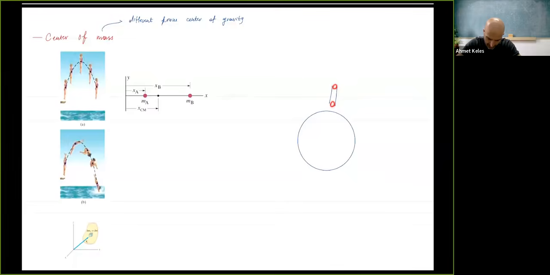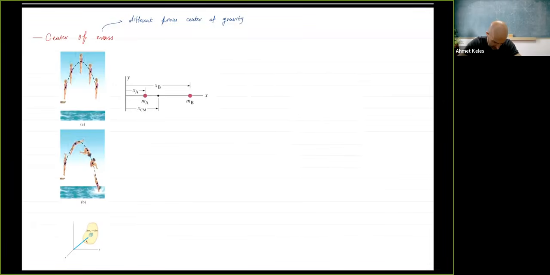That means the object is so large, we have to think about this m over r squared kind of force. And the question then boils down to what is the individual point at which gravity acts as if it's a point mass. It's a different point. So we are talking about center of mass, not center of gravity. That's just a small remark to keep in mind.